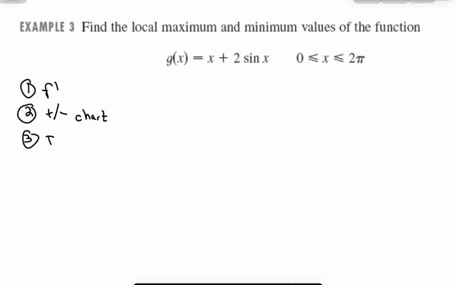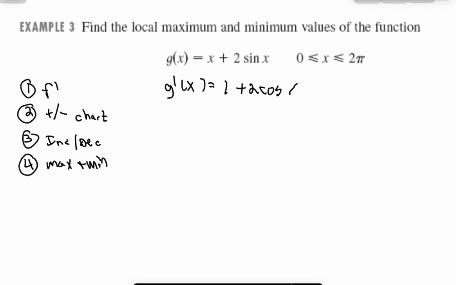We have to find our increasing and decreasing, and that will give us our maxes and mins. So we just have an extra fourth step if we're going past finding increasing and decreasing. The first thing we need to do is find our derivative, which is 1 plus 2 cosine of x.